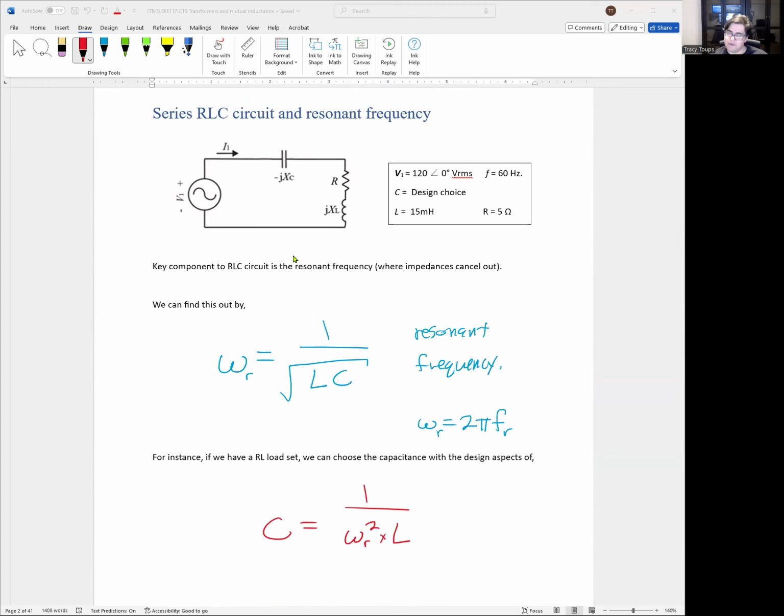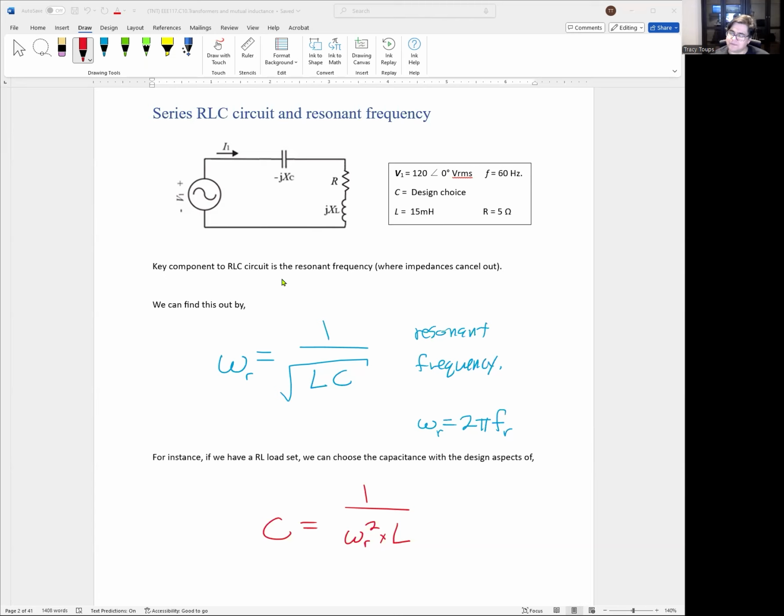Can we find the exact frequency if we don't know it? Well, let's say we have V equals 120 angle 0 degrees, F equals 60 hertz, right? Now we need to find C. Let's say I want to have a series resonance at F equals 60 hertz. I want you to tell me the capacitance that's needed to do that.